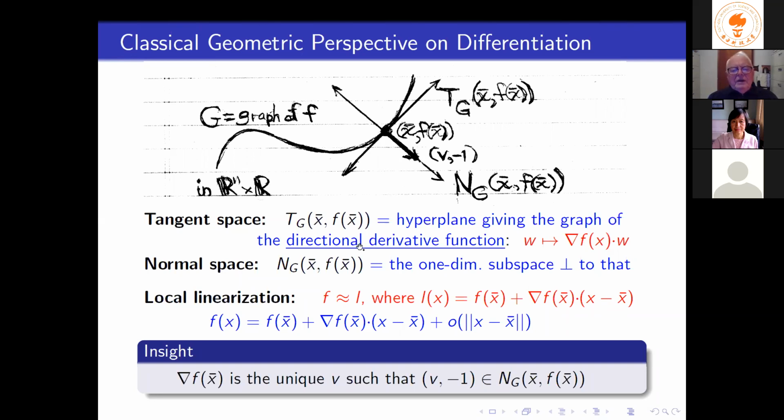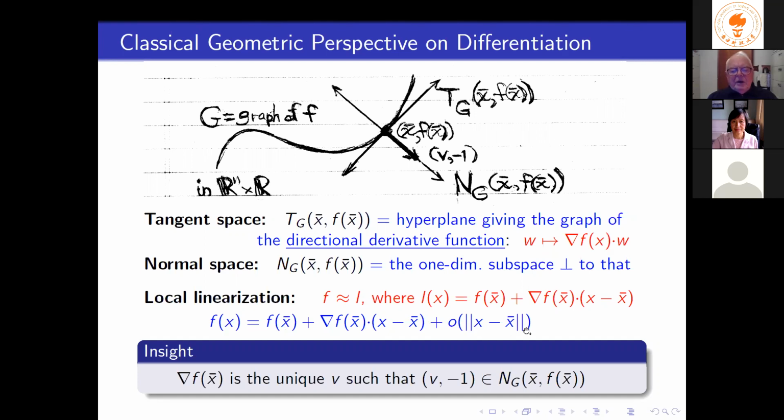So as I say right here, the tangent space at this point is the hyperplane giving the directional derivatives, where it's the linear function with a gradient, and a normal space, which is local to that, corresponds to this gradient, and we have this local linearization in which there's a little o term. I have that the function is equal to this linear function plus an error term of this classical sort.